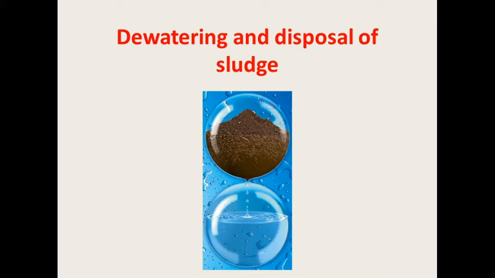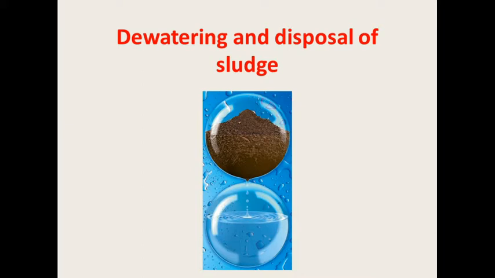So these all are various operations which are carried out over the sludge. These operations are called the treatment and disposal of sludge, and one of them is dewatering of sludge.